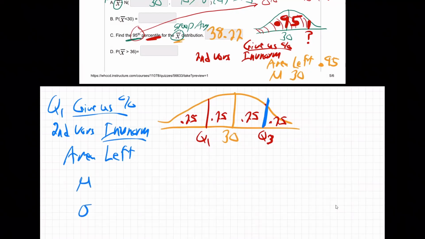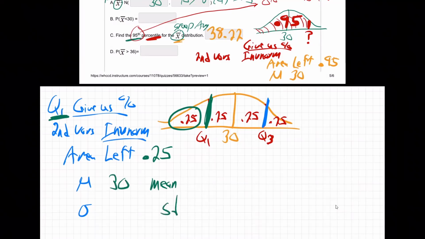So if you're at Q1, you're right here, you're at the end of the first quarter of a football game. What percentage of the football game is over, is left of you, is in your past? Well, 25%. So you got to go 0.25, don't forget the decimal. And then this is the mean, which is 30.